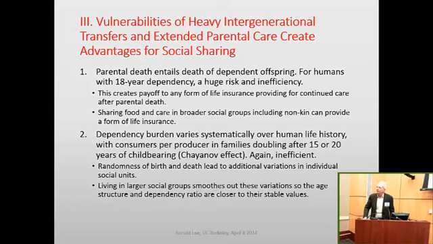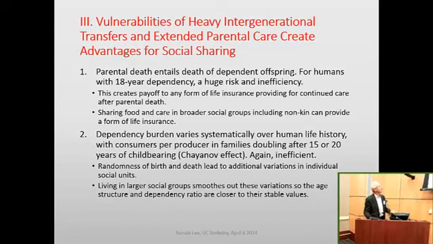a systematic variation in the dependency burden over the life history, over the history of reproduction of the family in humans. Approximate doubling of the dependency ratio as you, say, move from the start of a mating union through your 25 or so reproductive years. The dependency burden doubles, and then, again, we saw this data on depression of young adults and so on.